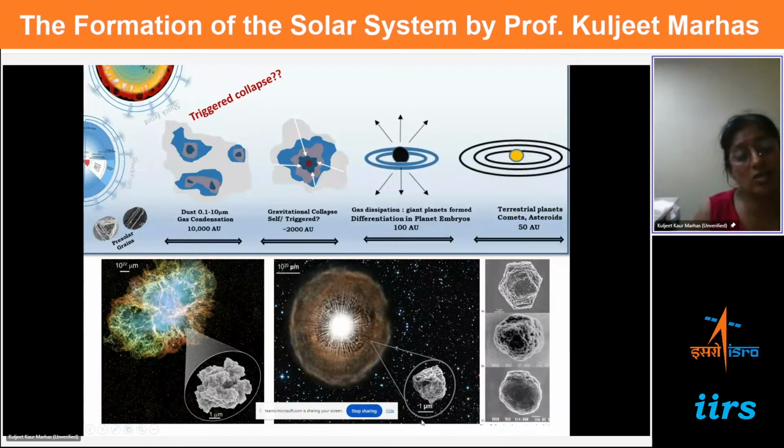Also, there are organics forming in the interstellar medium that also come along with these pre-solar grains. Most of the pre-solar grains, not most, but 50% or 60% of them, are coated with organics when they come into the system. So one question always remains whether life has come from outside, from the interstellar medium, through pre-solar grains. This has been a question.